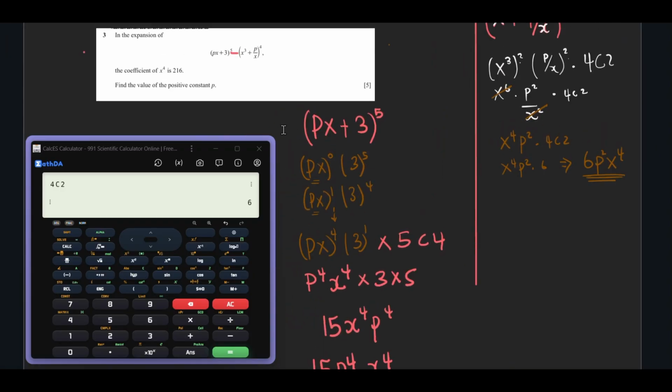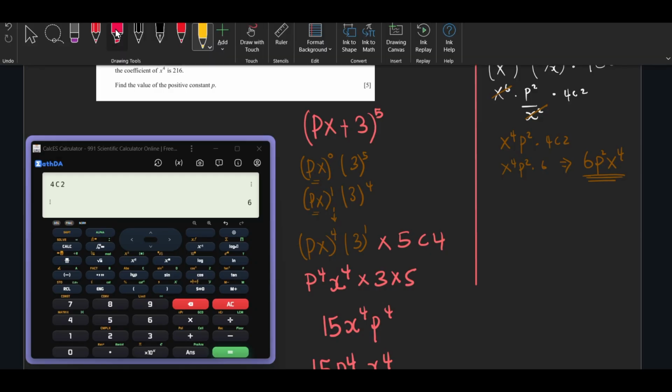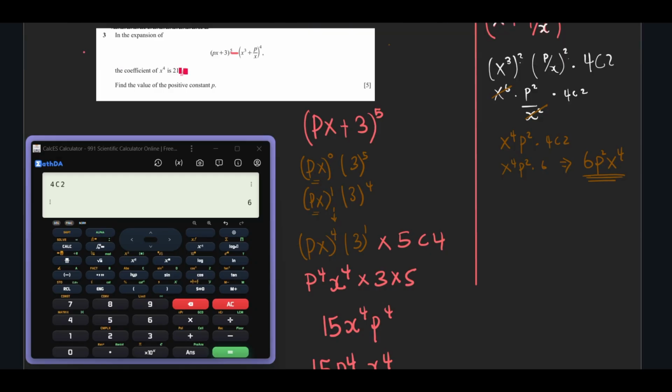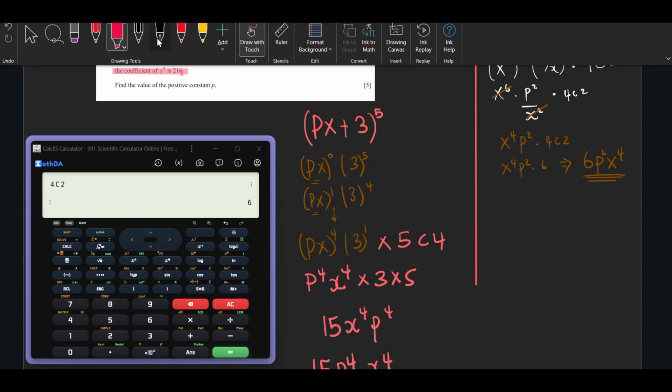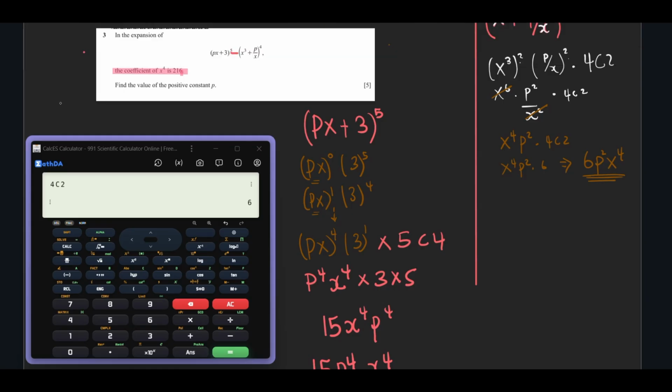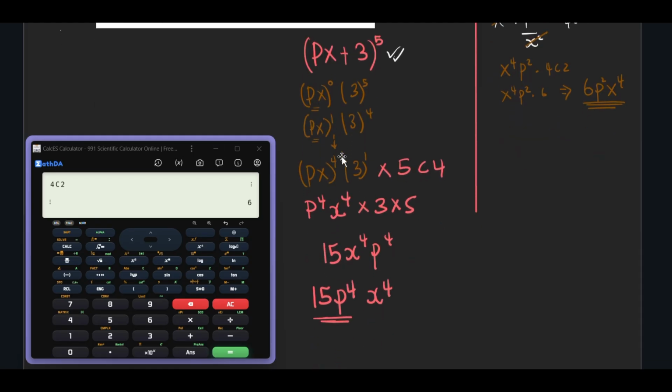Now you were told from the question here, let me highlight it real quick, that the coefficient of x to the power 4 is 216. So now gather the two parts, and you have to understand which part is subtracting which part. This is the subtracting part. So you'll have 15p to the power 4, x to the power 4, subtracting 6p squared x to the power 4.